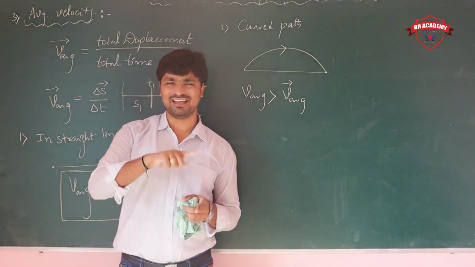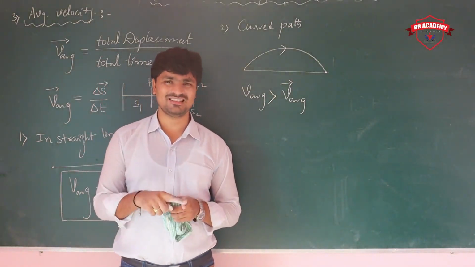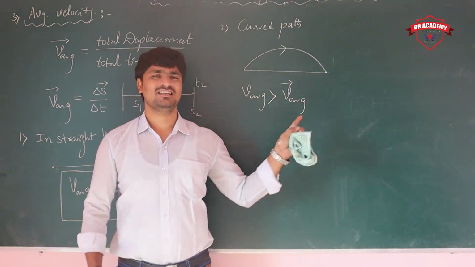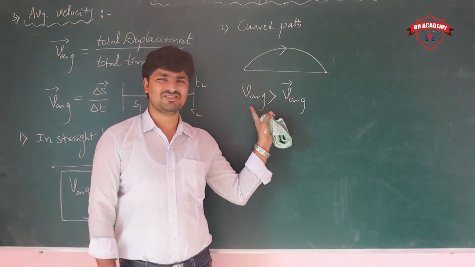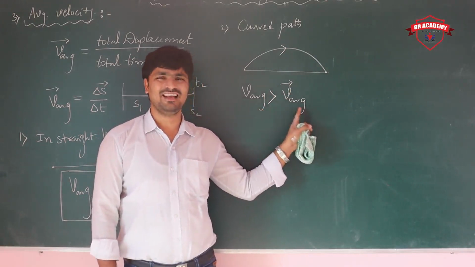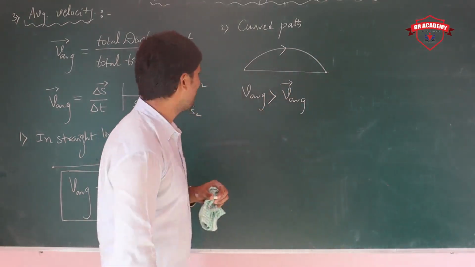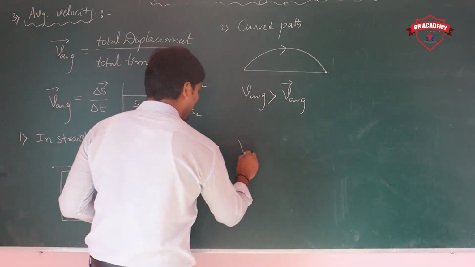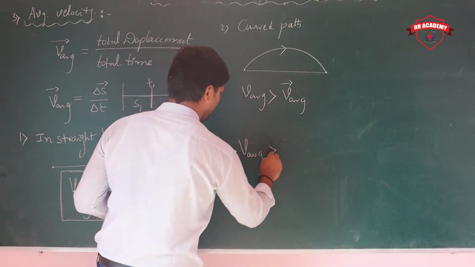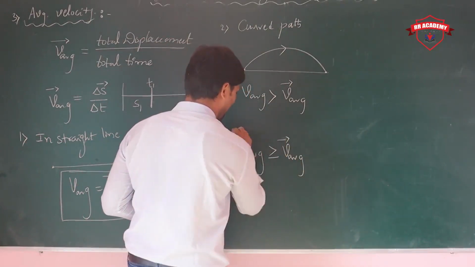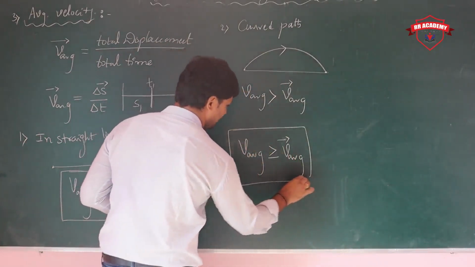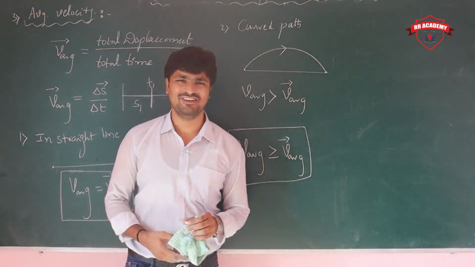If the particle is moving in a curved path, distance is greater than displacement. So finally we can say that the average speed is always greater than or equal to the average velocity.